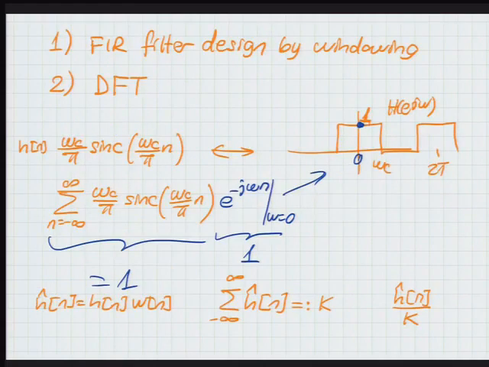Okay, so we start a new discussion, DFT, discrete Fourier transform. First of all, we saw the discrete time Fourier transform. What is DTFT versus DFT? The difference is that the DTFT itself is a continuous function of the frequency. It's periodic with 2 pi, but the fact remains that it's a continuous variable omega.